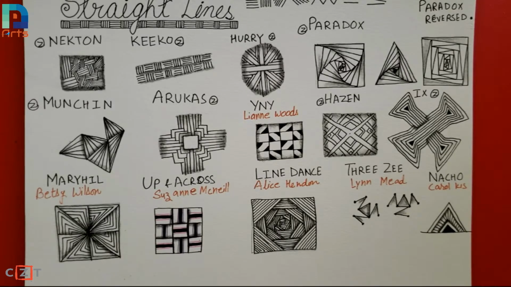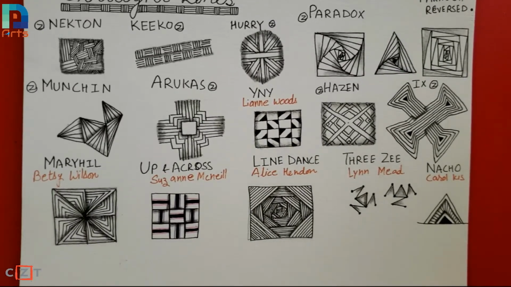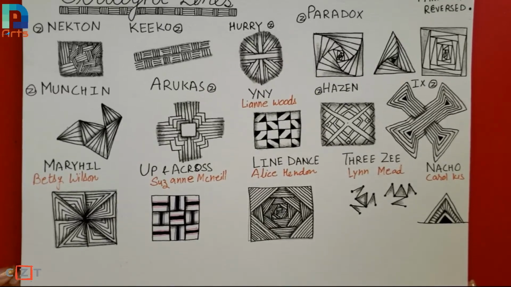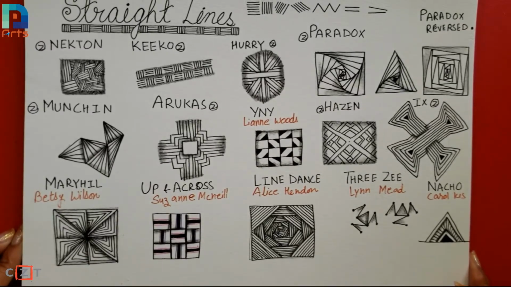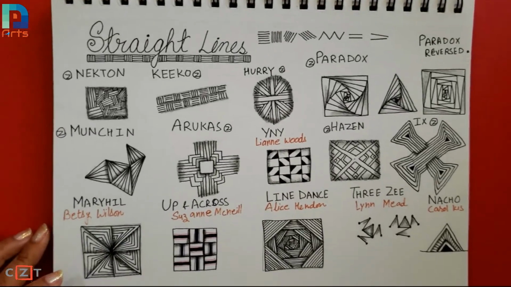Okay. Thank you, Rashmi. Thank you, Valerie. So Rashmi liked Munchin and Paradox, Yelena liked Paradox, Florence liked Hazen, Roberta liked Square Arukas.